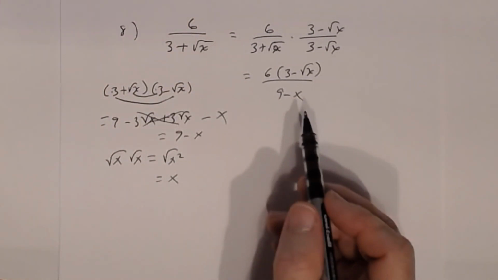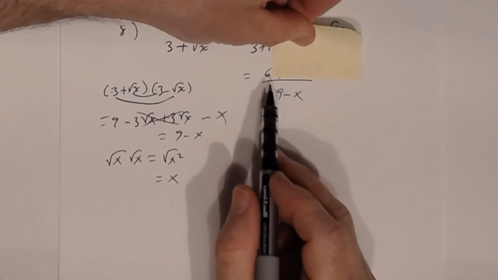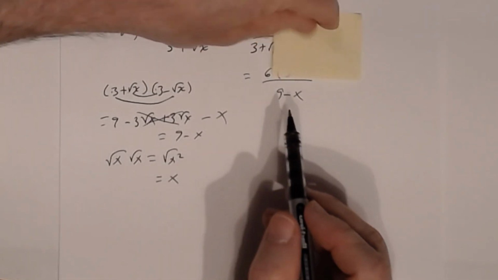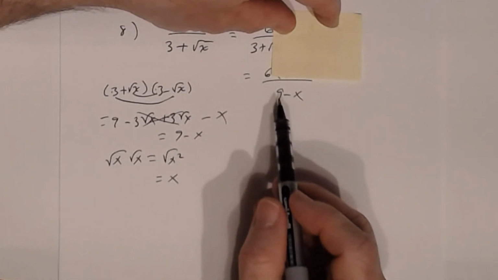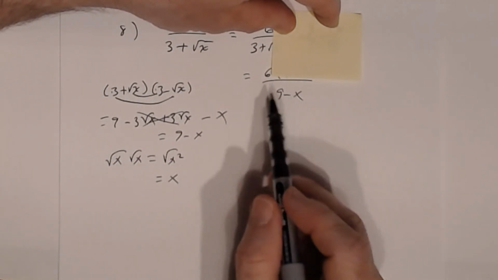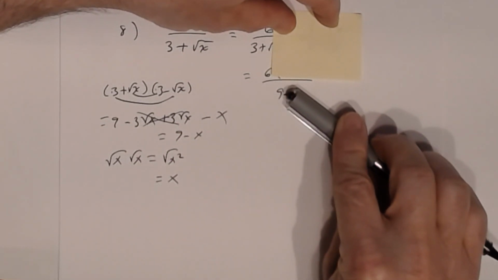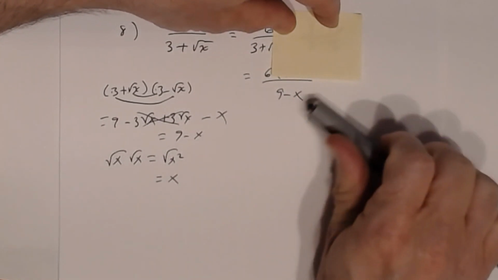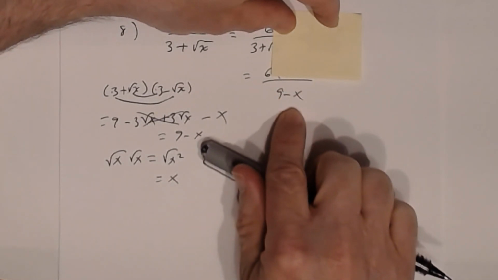And if you remember, we did this, and you say, can you simplify this? Now, this is where some students mess up. They say, oh, I can simplify the 6 and the 9. No, you can't, because you're subtracting x. That's not 6/9 here. That's 6 divided by 9 minus x. So if that wasn't there, then you could. But the fact that you have that, 9 is not a factor anymore. 9 minus x is a factor in the denominator.